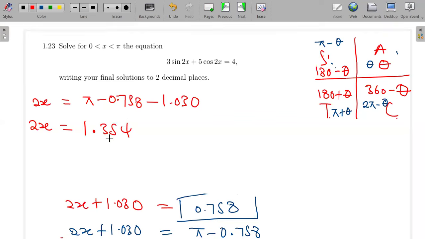And then from there, I just divide this by 2. So divided by 2, x will be equal to, if I divide this, I'm getting 0.677. So this is the first value of x that I get from this equation down here. So I'm going to write it there.